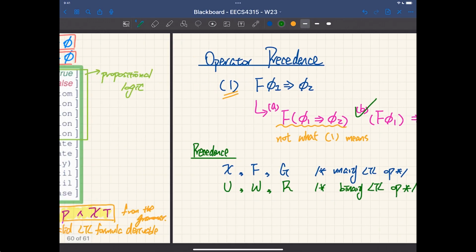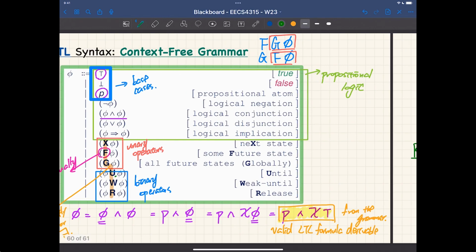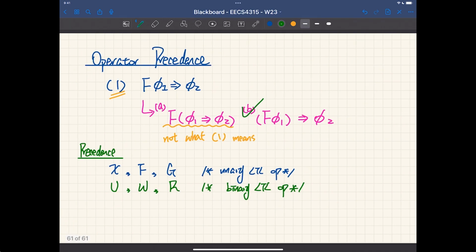All right, so that's about the temporal operators, and then we got logical operators, which we know, right? In that case, if I remember correctly, negation first, and then conjunction, and then disjunction, and then implication, and then equivalence.